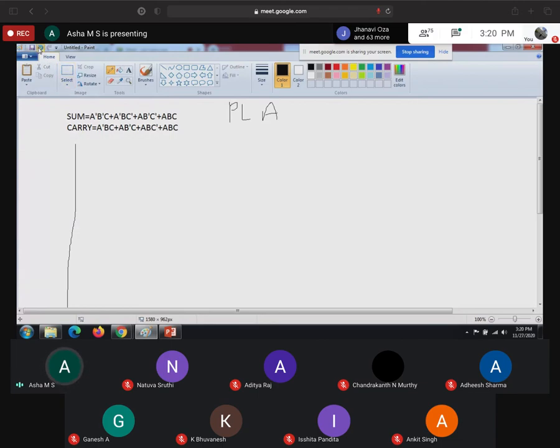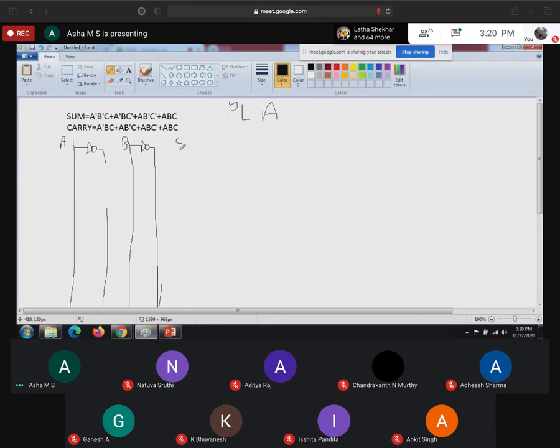If you want, you can write the table, but now you know how to write the table, so I'll draw the structure directly. This gives A bar, B, B bar, C, C bar.